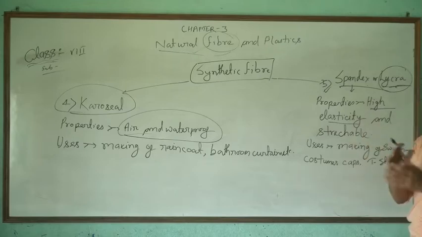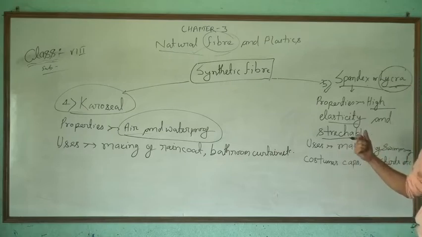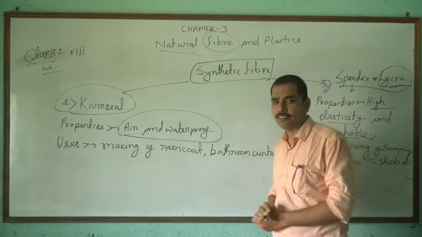It is highly elastic and stretchable. It can be stretched to a great extent. Uses: making of swimming costumes, caps, t-shirts, etc. These are the different uses of synthetic fibers.